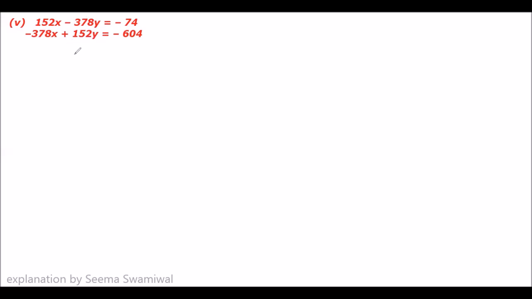Now children, to do these questions by the elimination method will be difficult for us as it is, because the numbers given are very big numbers, and when you take the LCM and try to make the coefficients equal, you are again going to have very big numbers.